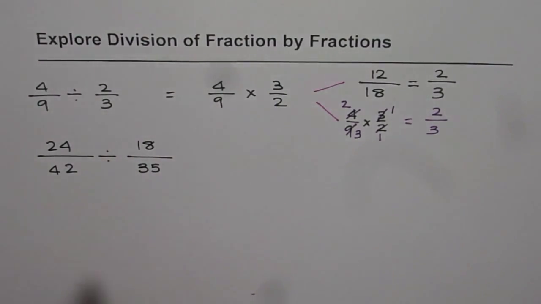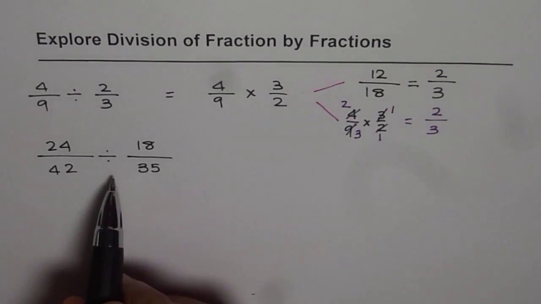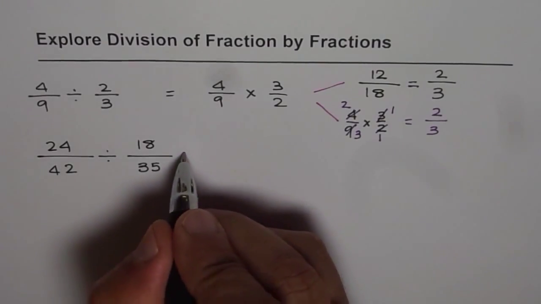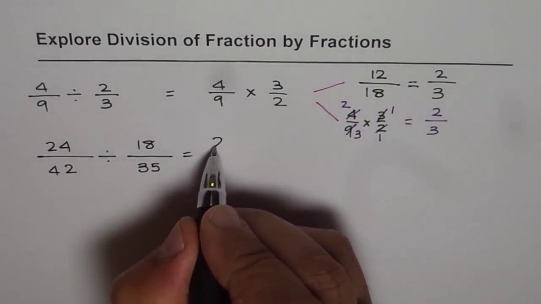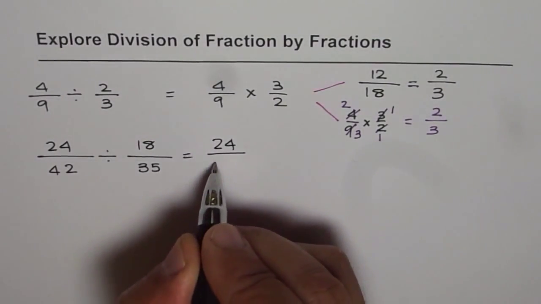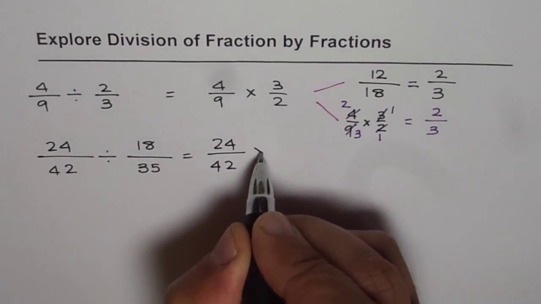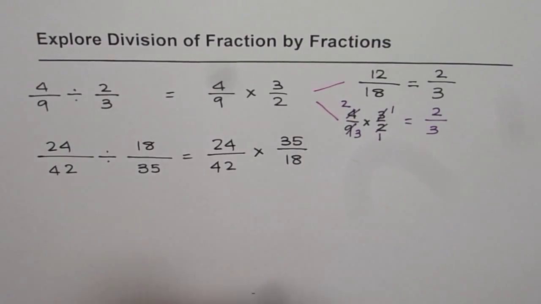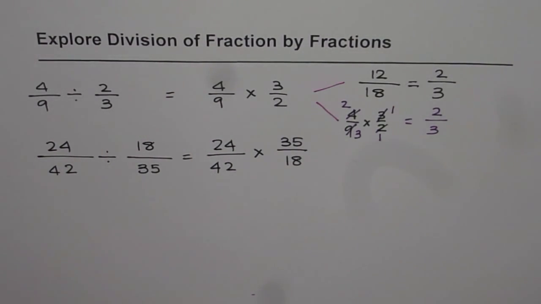Now how will you do this? First step is to write division as multiplication. So let's write it as multiplication. Then the question becomes 24 over 42 times 35 over 18. Correct? So we have written division as multiplication.